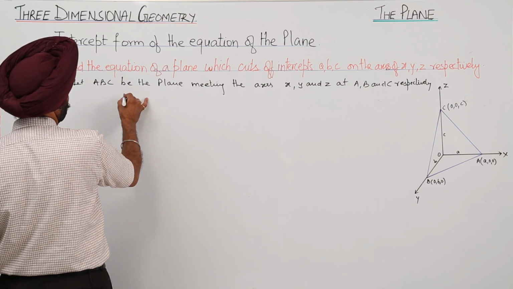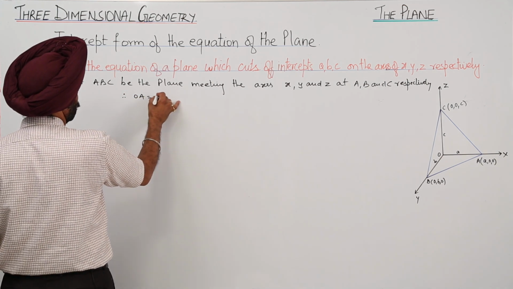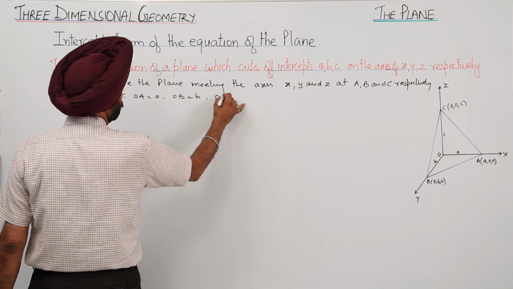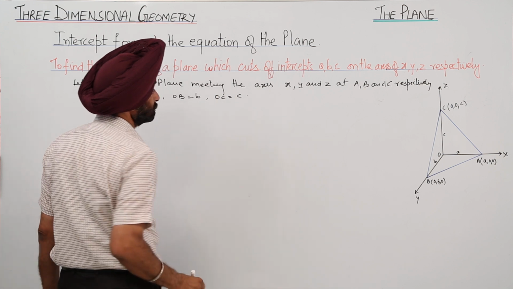Therefore, OA is equal to a, OB is equal to b and OC is equal to c.